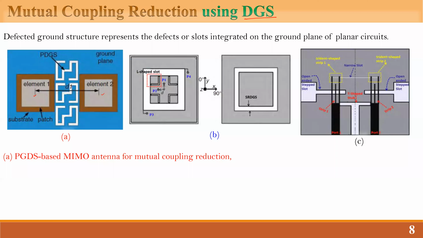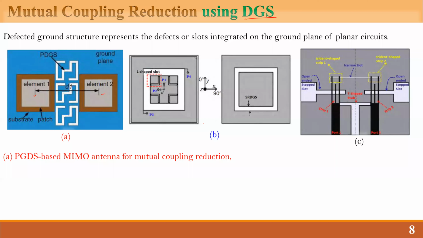If you do not put this PGDS, a large surface current will be introduced on these coupled antenna elements, and that will result in mutual coupling. It is a very straightforward method. This is one of the methods.